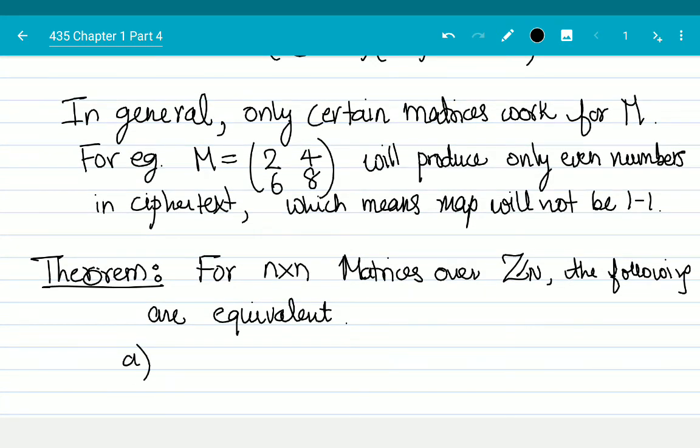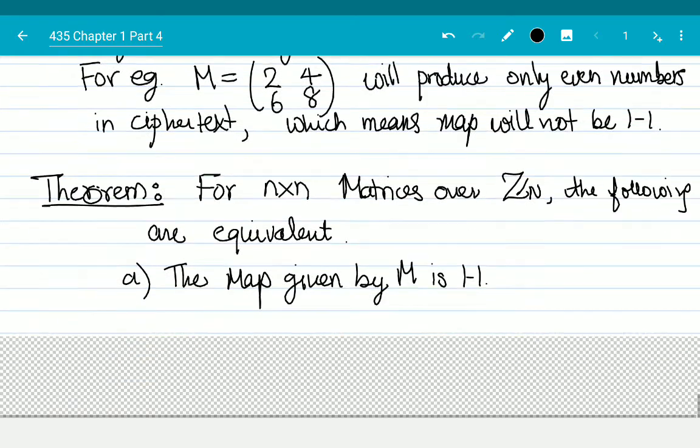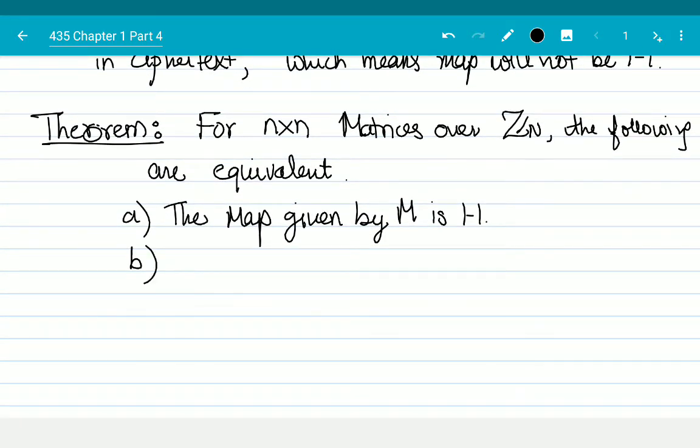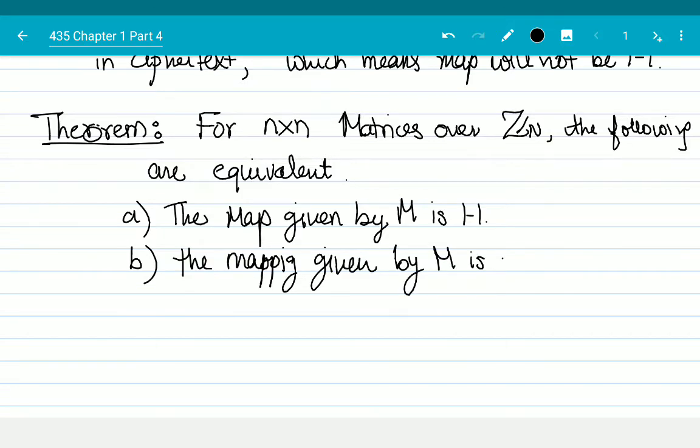A, the map given by M is 1-1. B, the mapping given by M is onto. Which is to say, if they're equivalent, then 1-to-1 and onto is bijective.